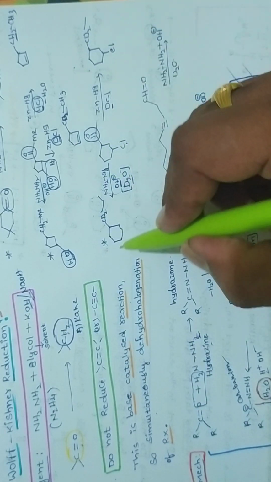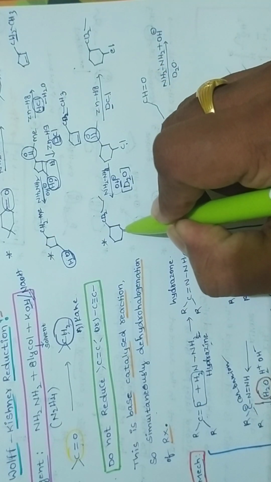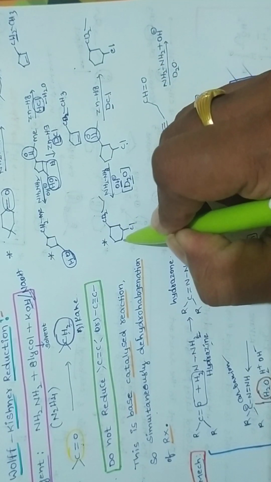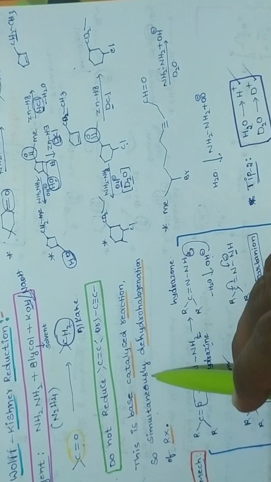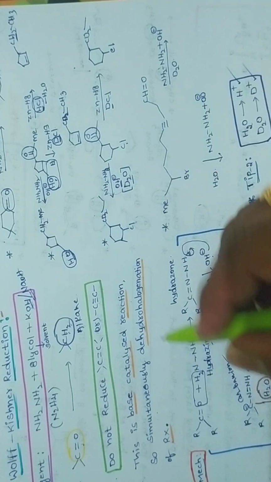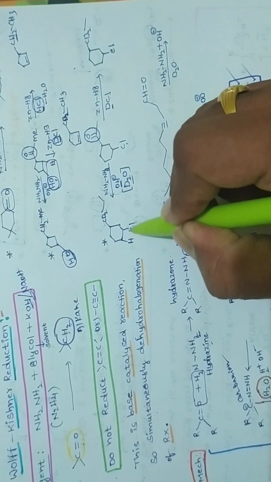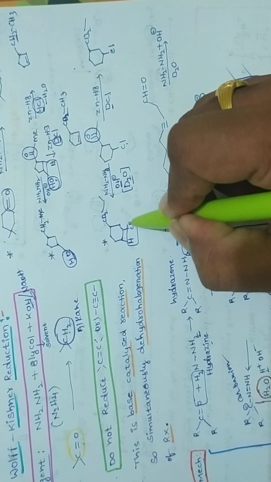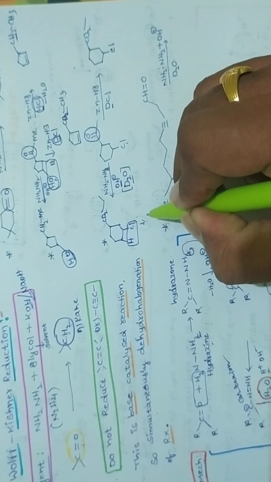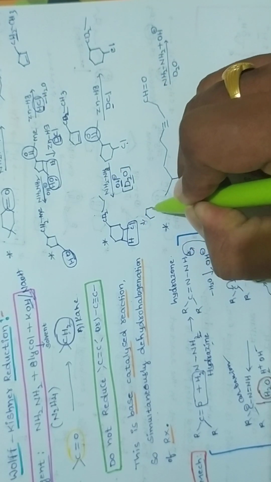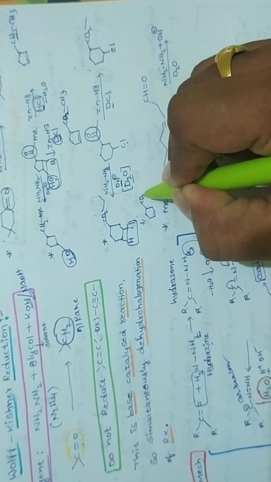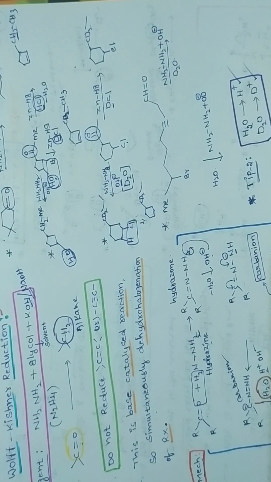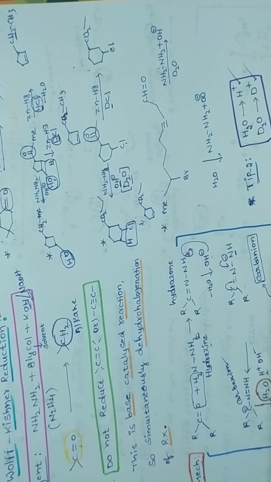So therefore it will undergo elimination, dehydrohalogenation. It is a base catalyzed reaction, so simultaneously dehydrohalogenation happens. Dehydrohalogenation means this hydrogen and this chlorine are eliminating. Then finally an alkene is going to be formed.